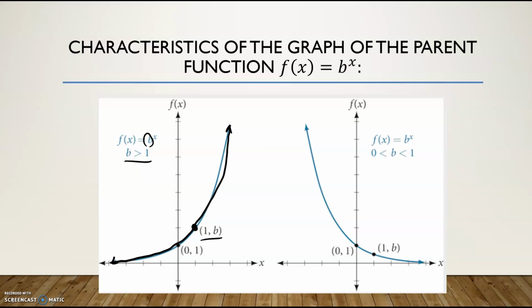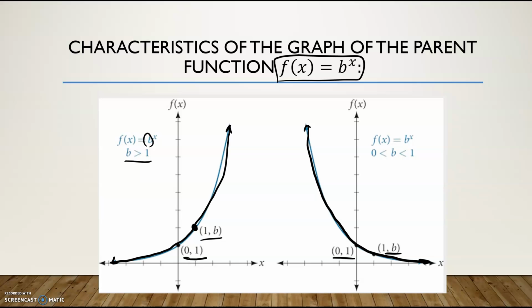And for this function, before we do any transformations, f of x equals b raised to x will go through the point (0, 1). Now if b is between 0 and 1, then you have a decreasing function, and you still have those two key points, (1, b) and (0, 1).